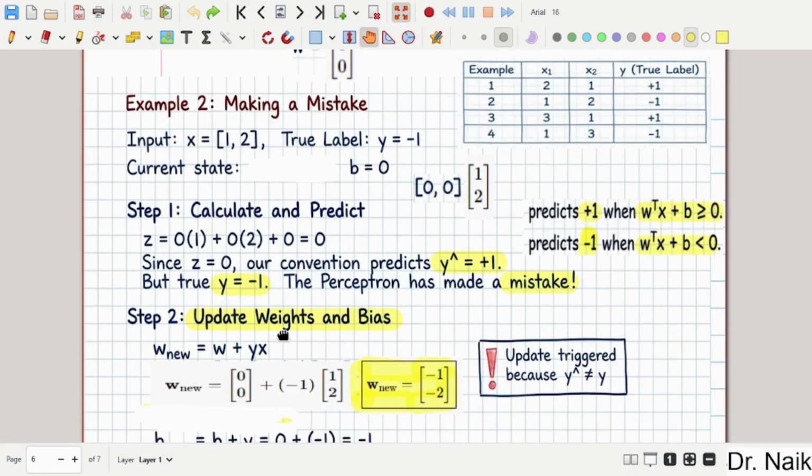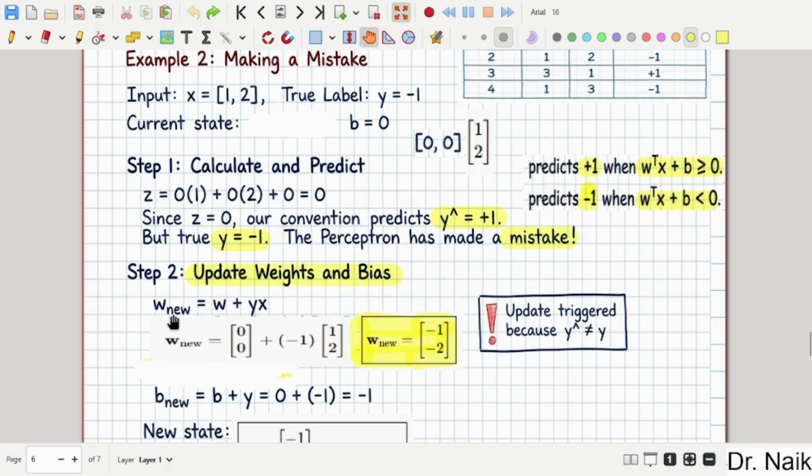The weight is updated by the formula w new is equal to w old plus yx. Our w old is a column vector with entries 0 0, y is the true label given to us, which is -1, and x is our feature vector, the column vector 1 2.